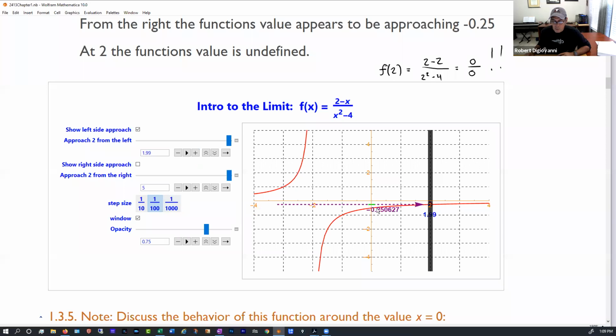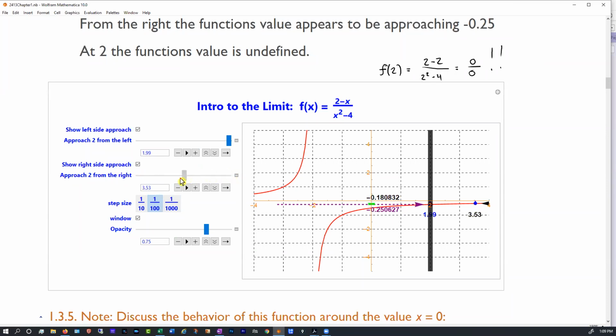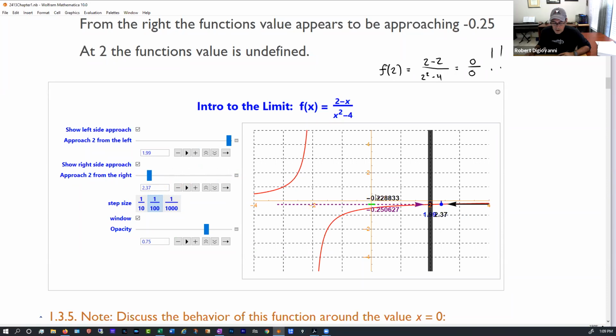Looks like it's about negative 0.25, right? From the left. And then from the right, these are my y values right here in the black. It looks like it's approaching again negative 0.25. Do y'all agree with that?